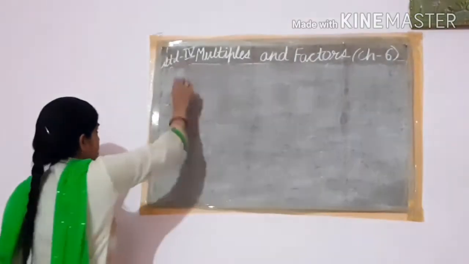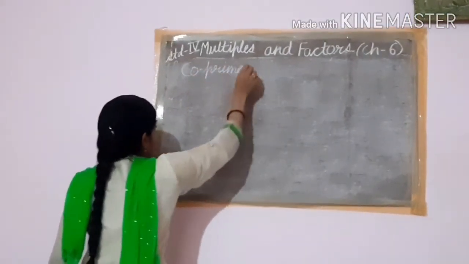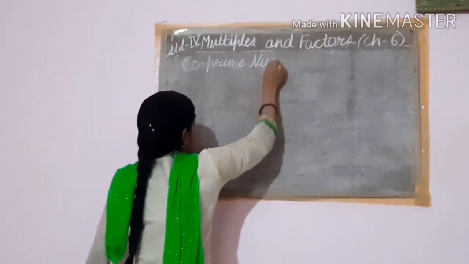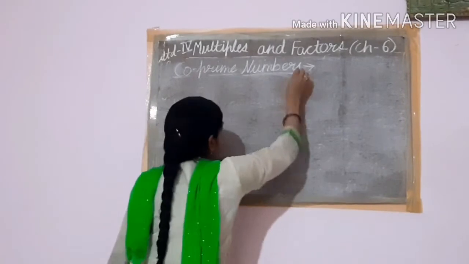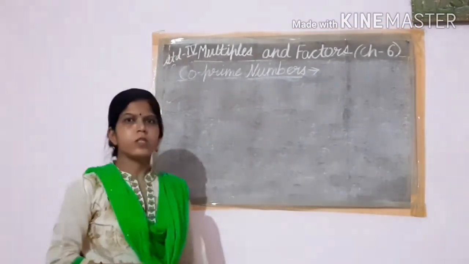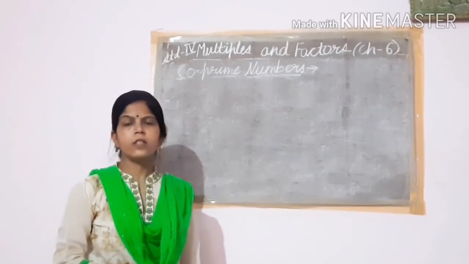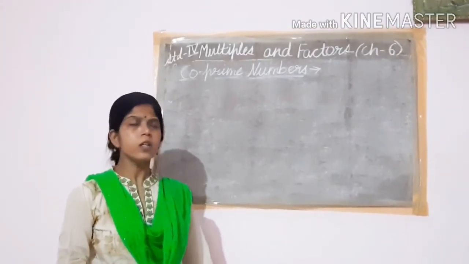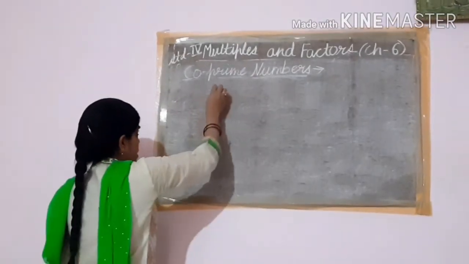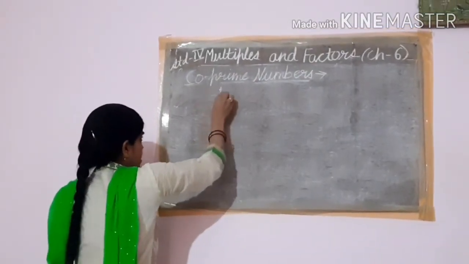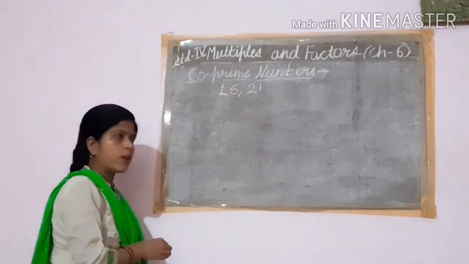Those numbers which have only one as a common factor are called co-prime numbers. I am giving you one example. If I am taking numbers 16 and 21, then what you have to do?